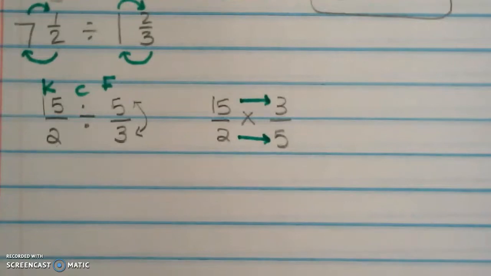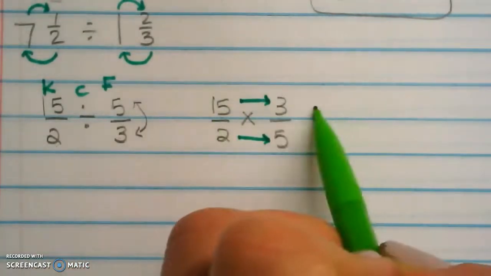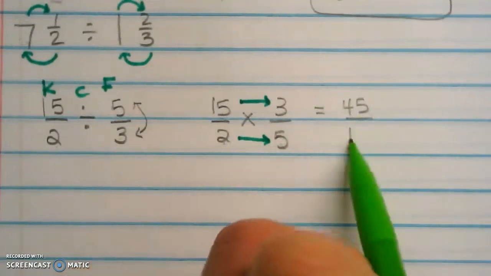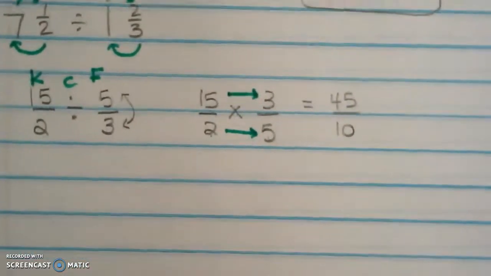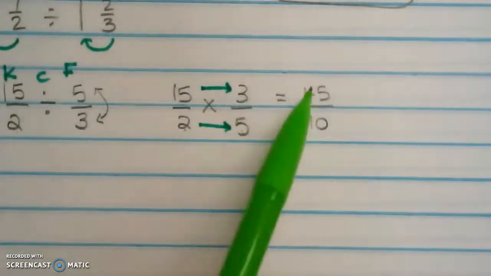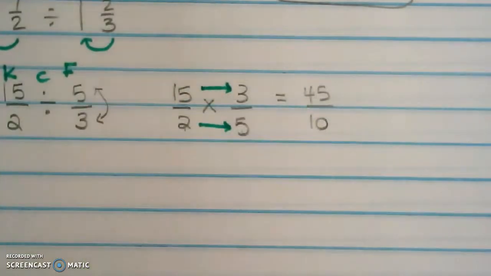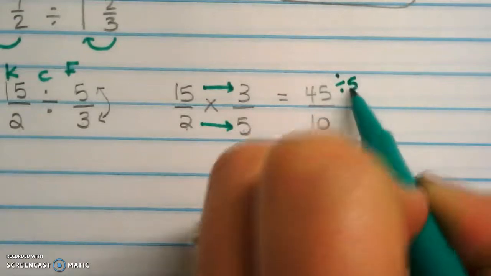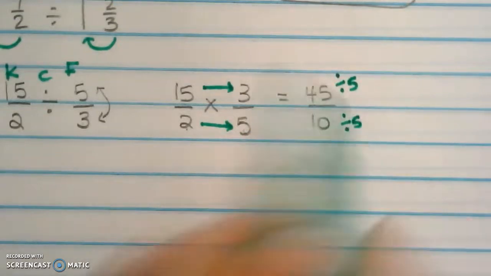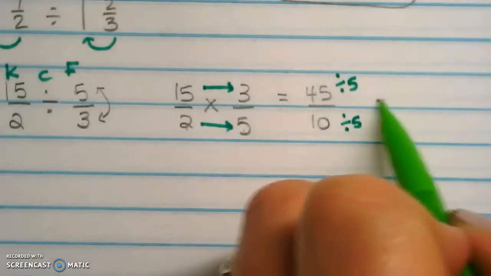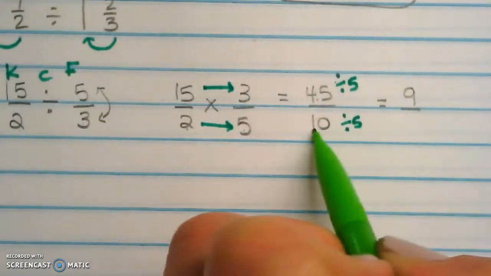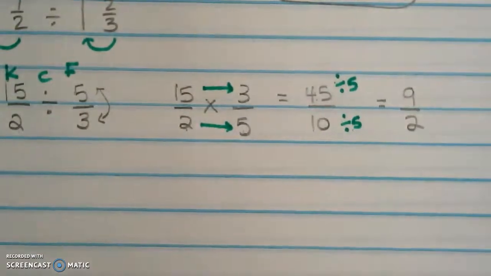When I multiply going straight across, 15 times 3 is 45, and 2 times 5 is 10. I can leave it top heavy, but I know 45 and 10 both share a common factor. I can divide them both by 5. Now, if you cross-reduced, you already did this step. 45 divided by 5 is 9. 10 divided by 5 is 2.